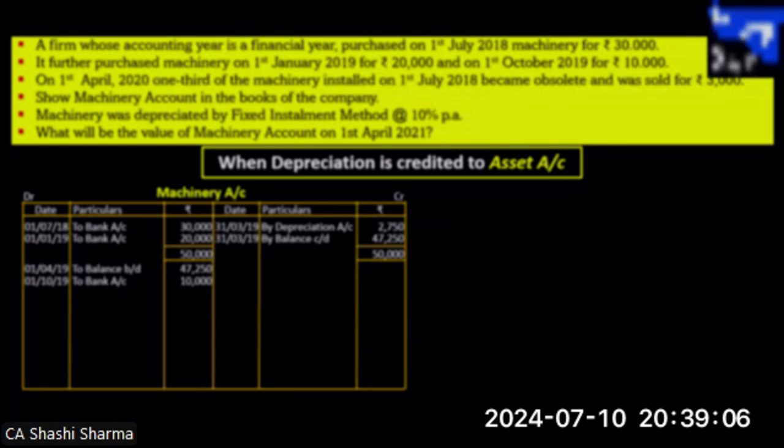So can anyone tell me what will be the amount in the second year of depreciation? Suggest a figure. The method is straight line or original cost method.